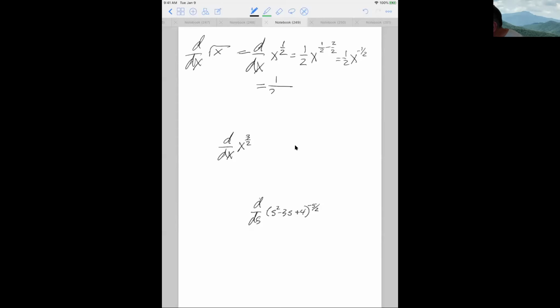Notice the x to the negative 1/2 on top becomes positive 1/2 in the denominator. So you end up with x to the positive 1/2 down here. And then since I said change it to a radical, the correct answer is going to be 1/2 square root of x.